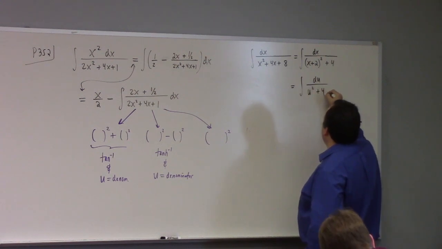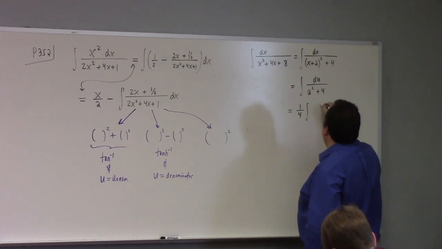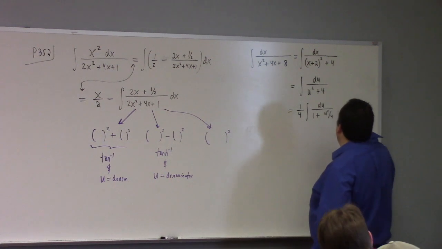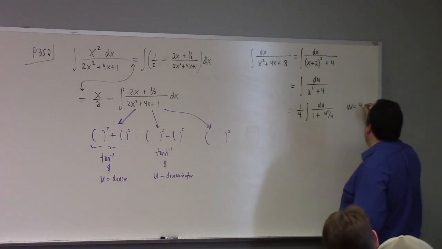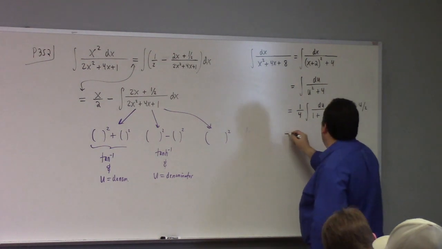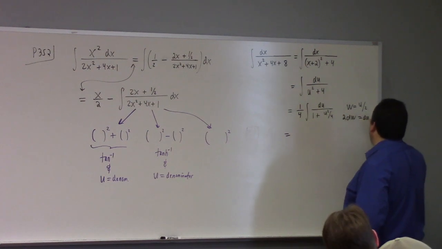What do I do then? We factor the 4 out, and then we let w equal u over 2. So 2 dw is du.